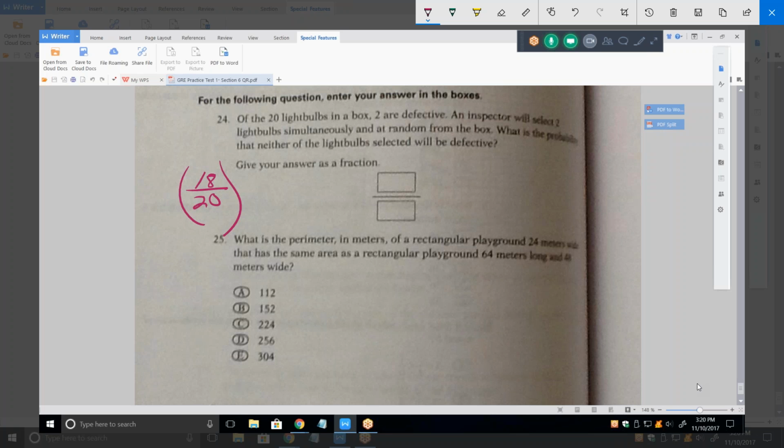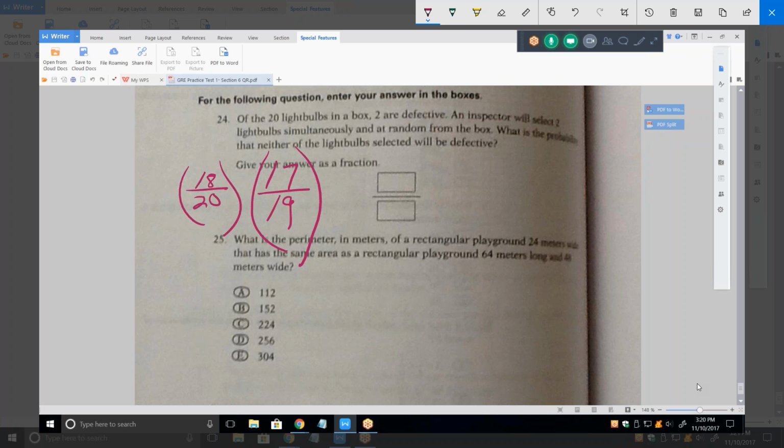So what is the odds that the second bulb he draws will also not be defective? 2 out of 20. No, there's 19 bulbs. 2 out of 19. Right, which means 17 out of 19 will be not defective.